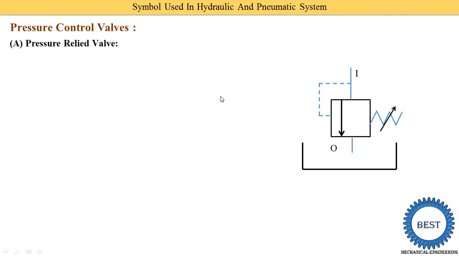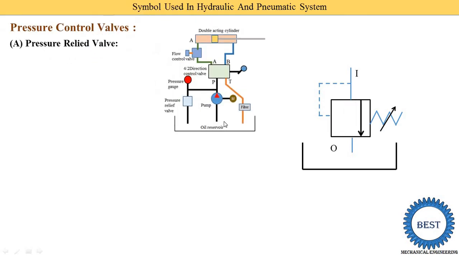Now here we understand everything in this pressure relief valve. You see this arrow moving left and right according to the pressure. This input generally comes from the pump. Here is the schematic diagram of the hydraulic symbols. This is the input of the pressure relief valve, this is the output, and this is the inside mechanism.